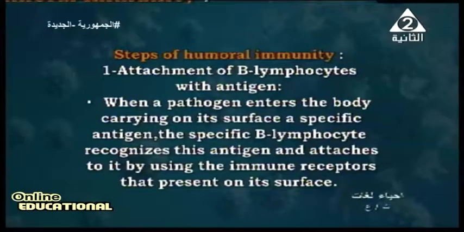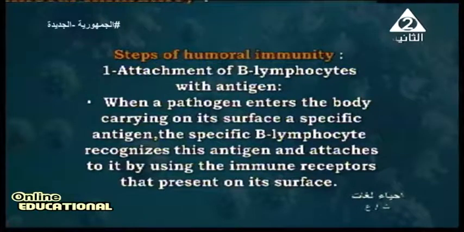Number one, attachment of the B lymphocyte with antigen. Antigen is coming from the bacteria or viruses. Attachment means to adhere to it, to catch this antigen. When a pathogen enters the body carrying on its surface a specific antigen, any pathogen, viruses or bacteria, it is like a key.